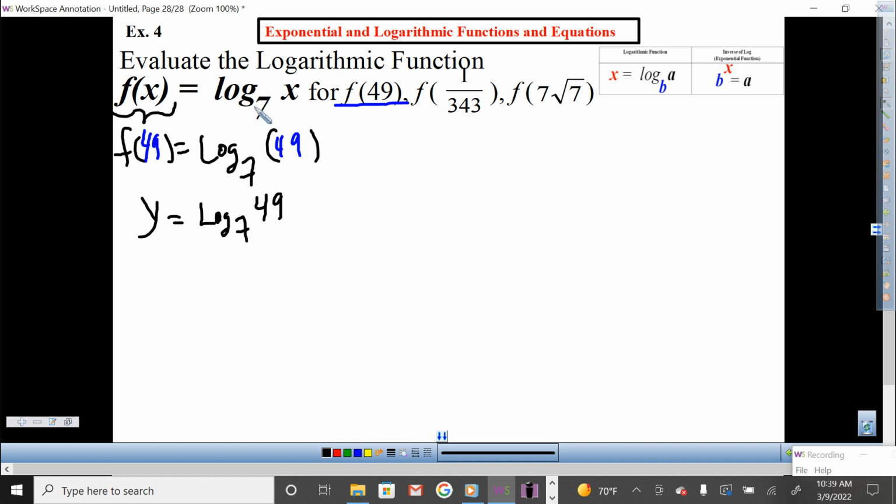So what is the first thing we did? We opened parentheses for the x's, substituted the value of 49, and rewrote it as the original form, which was y. But now to get the number 49, can we solve that? Yeah. Sebastian, pass someone.